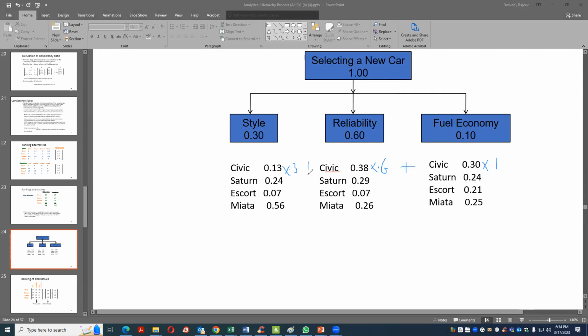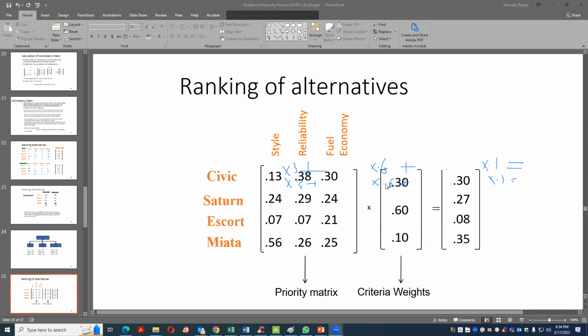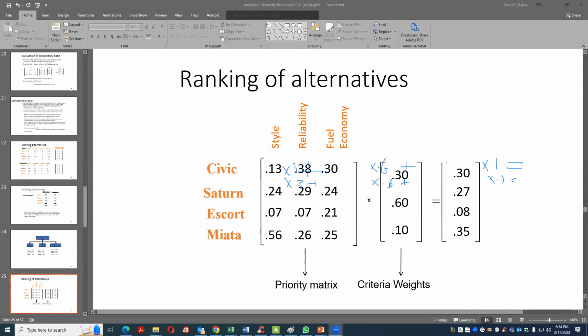And now you see, this is the total. And then I multiply this plus 0.6 plus 0.1. Similarly, you do it for the rest of them, and then you get these values.